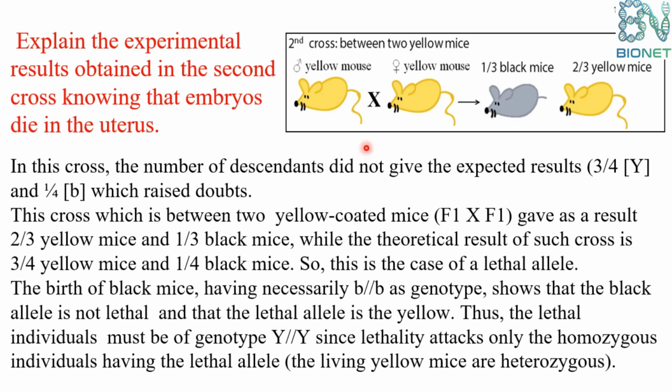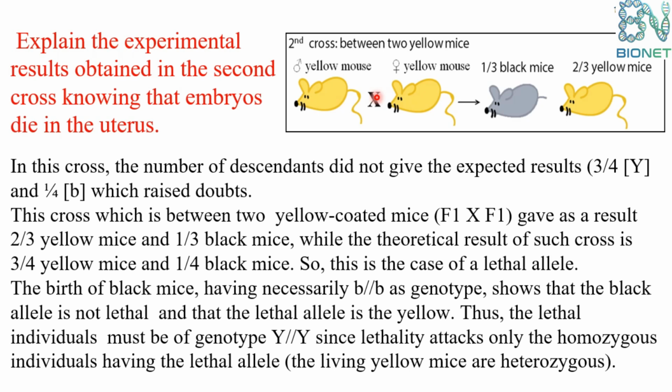Now let's explain the obtained results. Normally in a self-cross we should obtain two phenotypes in such a way that the dominant phenotype will be expressed in a percentage of 75% and the recessive phenotype 25%.